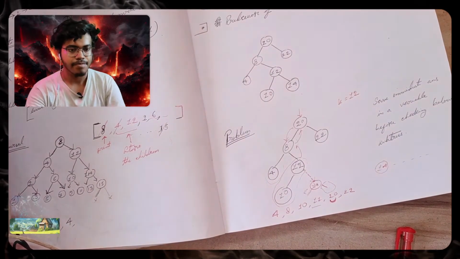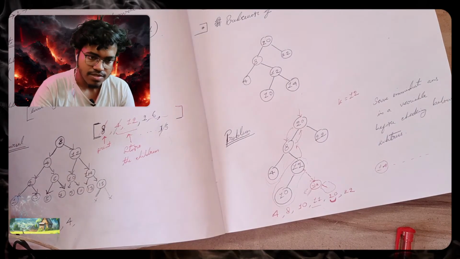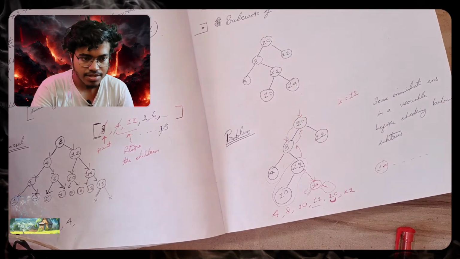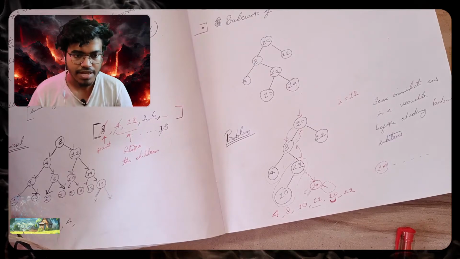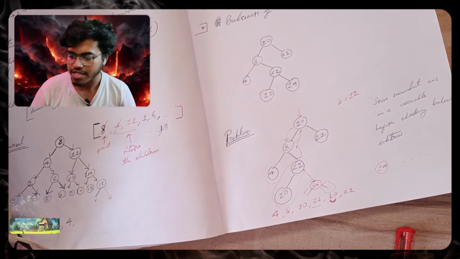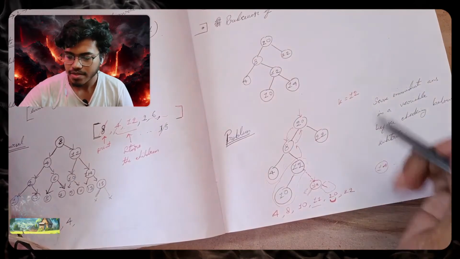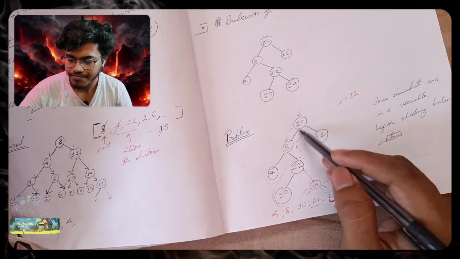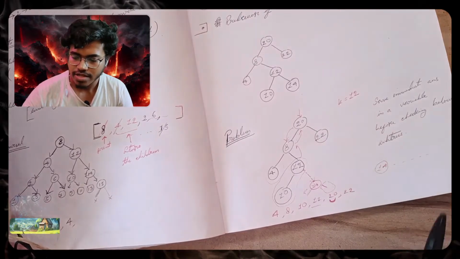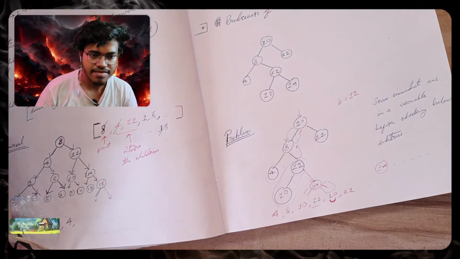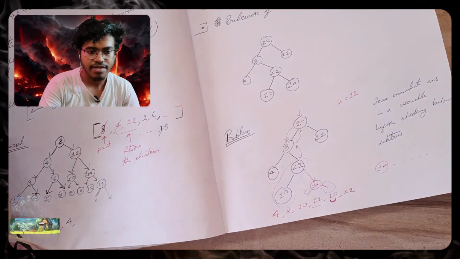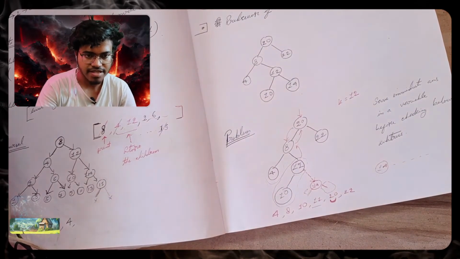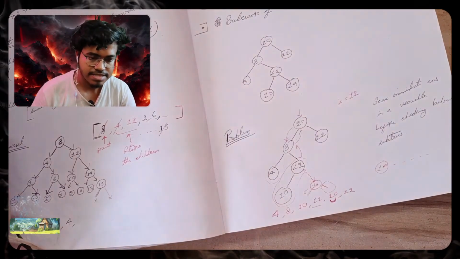Okay, so we have to say while node is not none, then we have to check whether this node is greater than the key value. Okay, so let me save the key value in a separate variable like this.